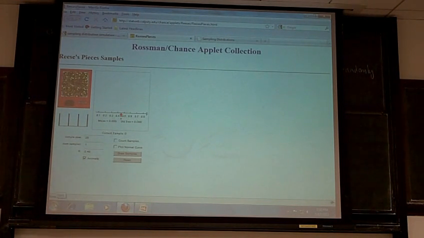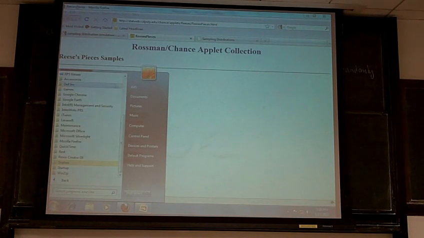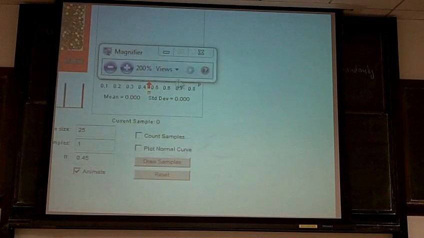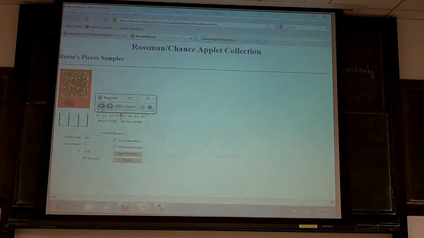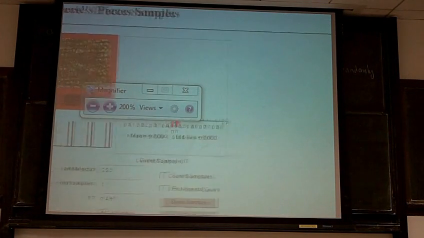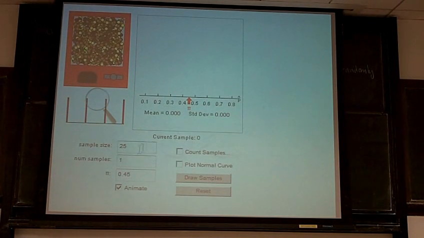There's an application in accessories called Magnifier at the top of the screen. Oh goodness. I can only do 200%? Okay, well, I guess that works. You guys can see? Okay, 200%. There's just a magnifying glass here.